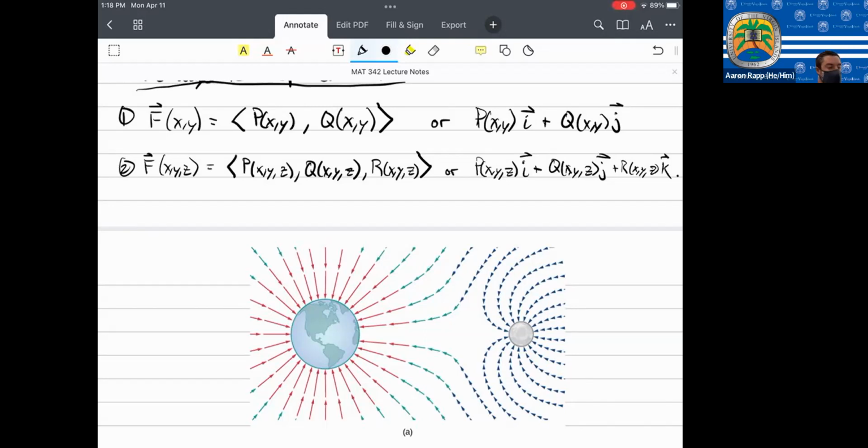So all that being said, Newton's law of gravitation can be represented as a vector field.